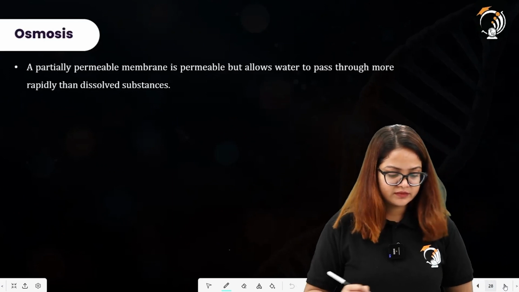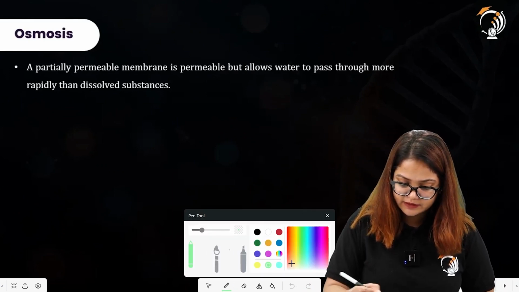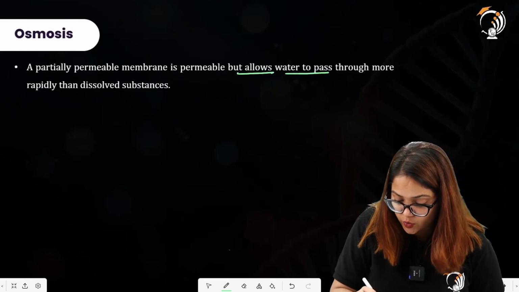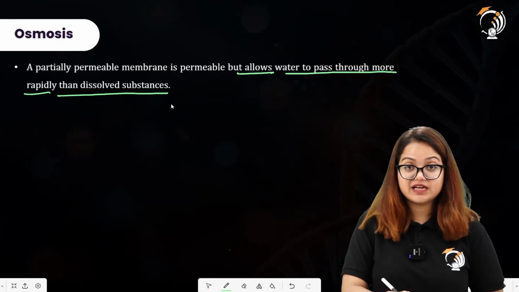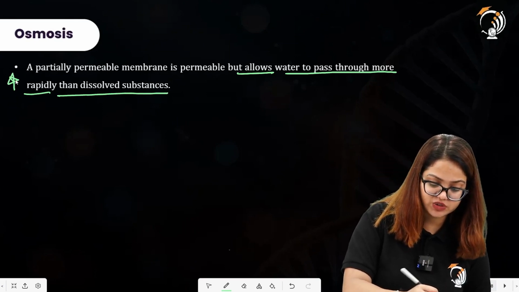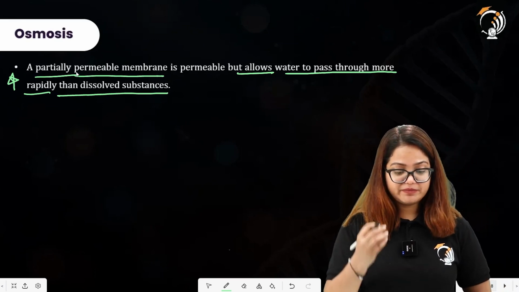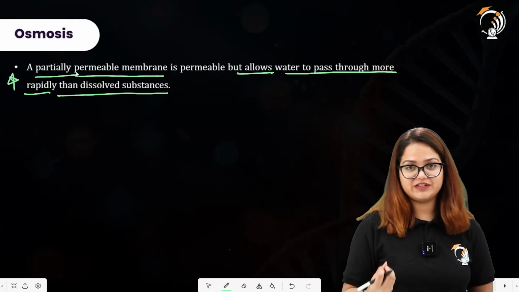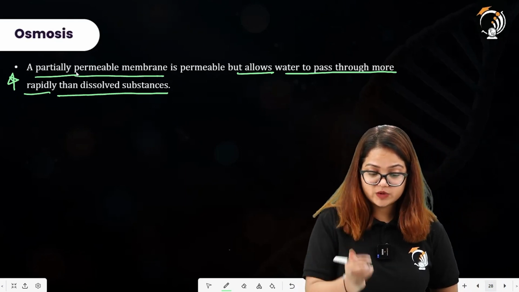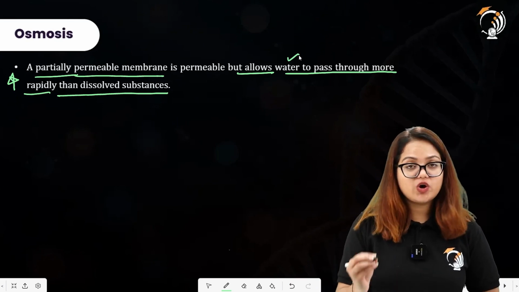A partially permeable membrane is permeable but allows water to pass through more rapidly than dissolved substances, and this is a very important feature. Since it is not completely permeable, it is partially or selectively permeable, and it allows water to pass through more rapidly than dissolved substances.